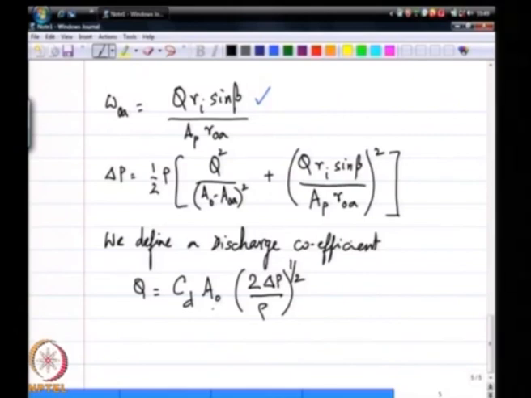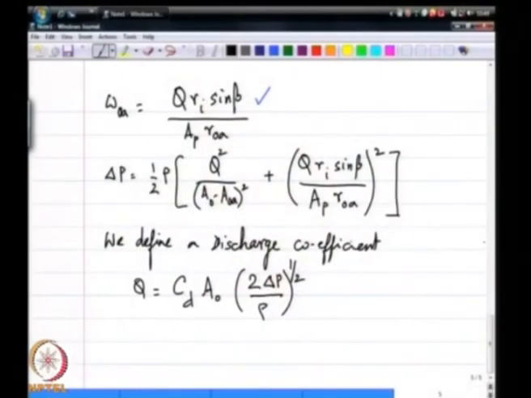Q by A naught, so A naught is like the total cross sectional area available for the flow. So, we are defining this discharge coefficient as though we have no swirl, it is just flow through an orifice. When I substitute Q from this expression into the equation for delta P, after just a couple of simplifying steps, we find this.